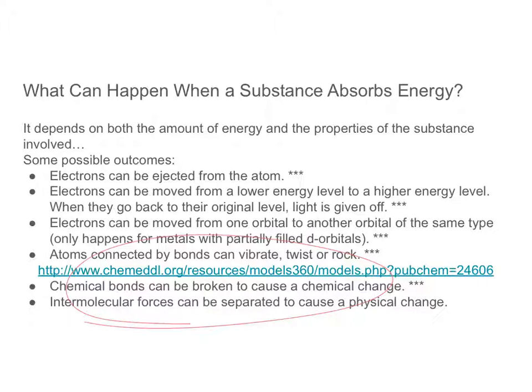So when we have bonds, we can break them to cause a chemical change to occur, which is a big part of following the flow of energy in chemistry. And we can also separate intermolecular forces, like your LDF or your hydrogen bonds, or your dipole interactions, by adding energy to the system.